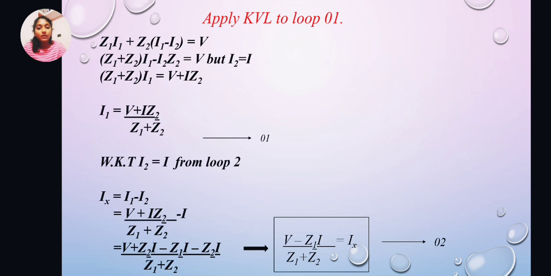So we know that I2 is equal to I, and from loop 2, Ix is equal to I1 minus I2. Because Ix is passing between loop 1 and loop 2, we consider this as I1 minus I2.